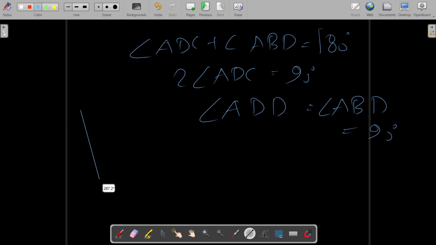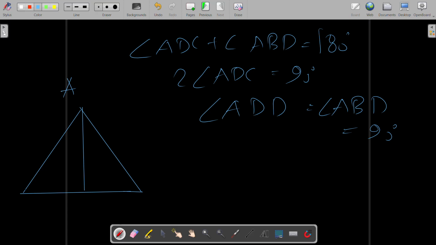Now let's take this equilateral triangle again. From the same picture, I will prove both of these. We'll find out the values of sine 60 degrees and sine 30 degrees.